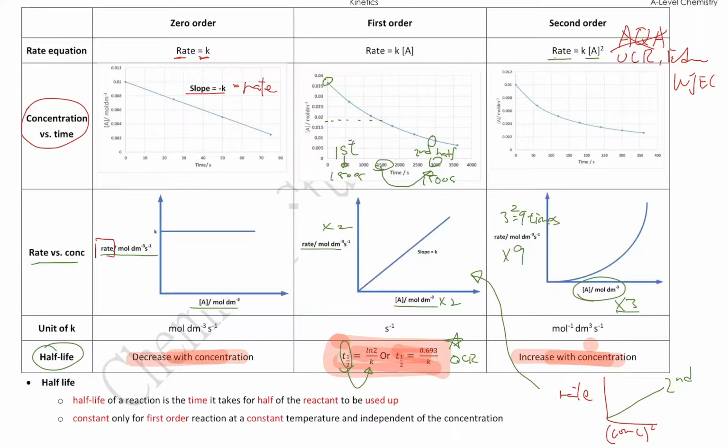If you are in Edexcel or WJEC, what you have to remember is just that the half-life for a first order reaction is constant, which is already enough to do the deduction. But if you're in OCR, make sure you can recall the equation and use the half-life. Here it is 1,500, so 1,500 equals ln2 over k. Once I rearrange, I can solve the rate constant of this reaction.